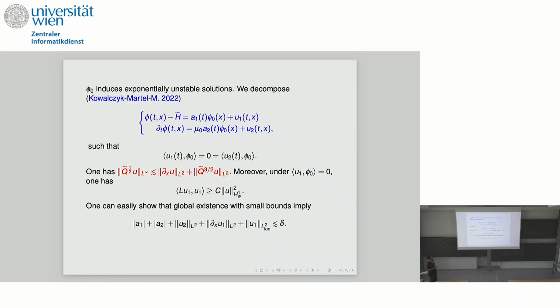So if you multiply by 1 over X to the power 1/2, it should be controlled. Anyways, if you have this orthogonality condition, then the linearized operator around the kink is controlled from below by this quantity. And if you have a global system, then all these quantities are controlled except the L2 norm of U1. You don't have control, but L2 log is okay.